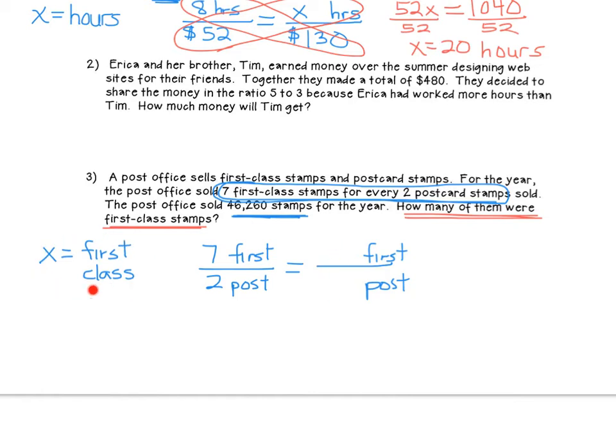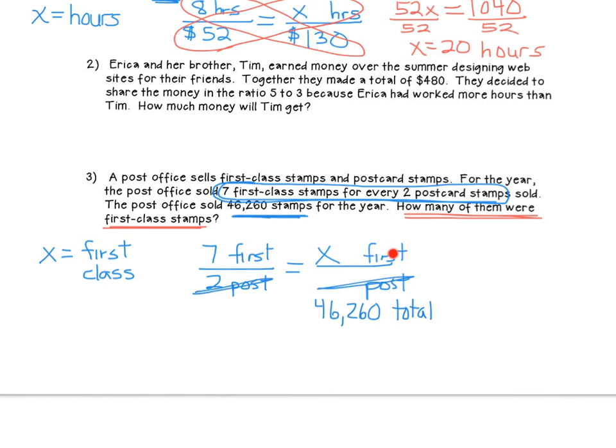Well, I don't know how many first class, so that's going to be X. And it's tempting to put this number here. Wait, that's 46,260 stamps, all kinds of, both, all together. Uh-oh, I made a mistake. So I have to erase post, and I have to change it to 46,260 total stamps, which means I made a mistake over here too, because it has to match.